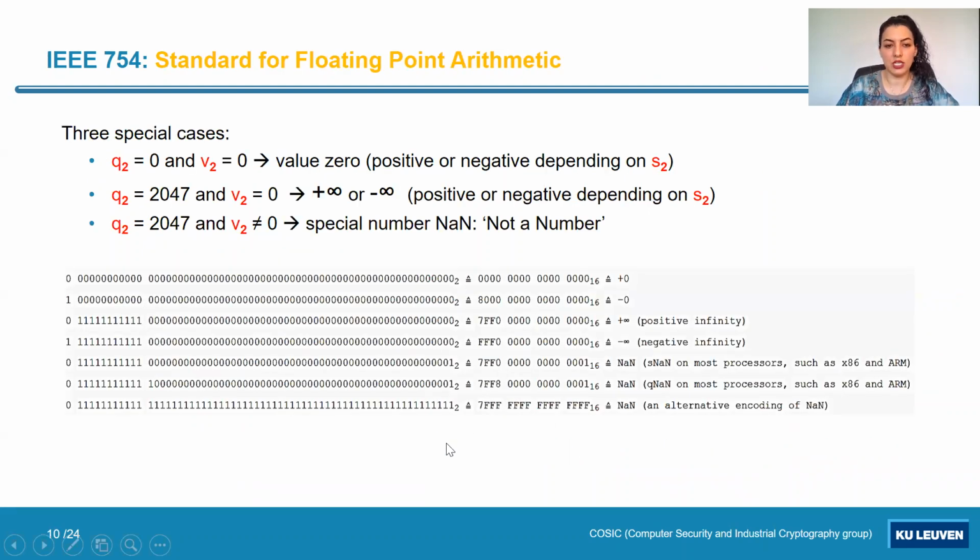Here are the exceptions that I mentioned. If we have all zeros for exponent and mantissa, then it means it is 0. Based on the sign bit, it is positive or negative 0. But if we have all ones for the exponent, we have two cases.